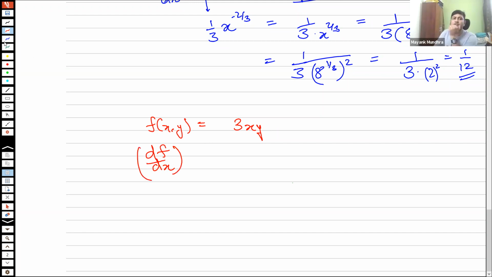The biggest question always becomes: is y constant with respect to x or not? Suppose it is not. Suppose y is actually dependent on x, say y equals x square. Then first you need to substitute y equals x square into your function, and then differentiate.